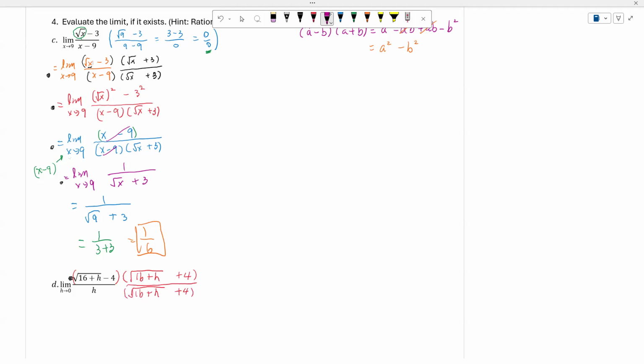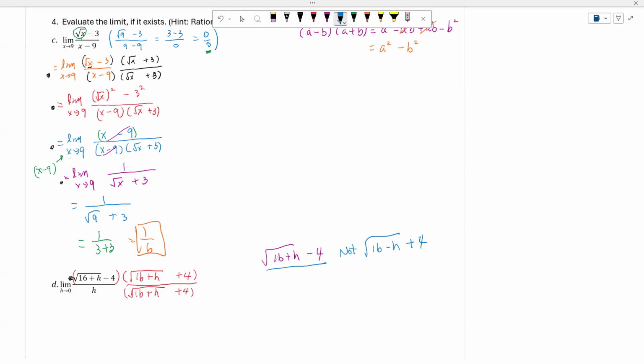Now, one thing about the conjugate pair: it is not square root of 16 minus h plus 4.